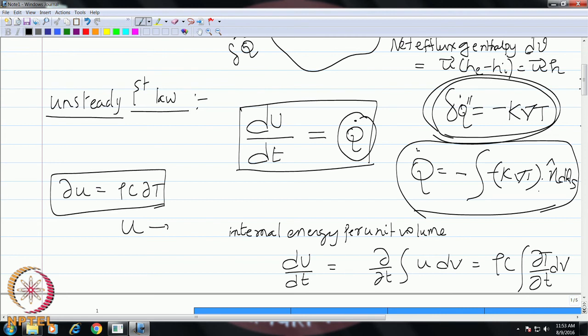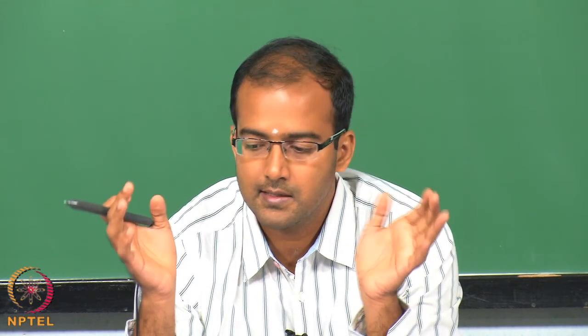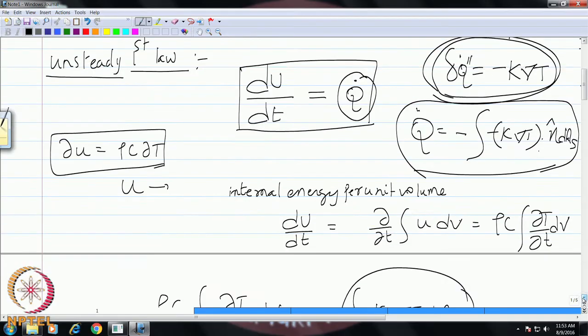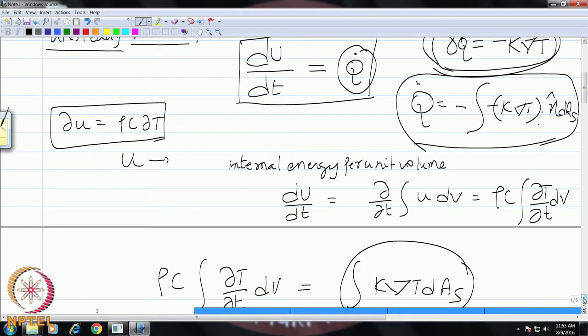Although these were intuitively proposed, Fourier understood that your heat flux has to be related to your temperature gradient definitely, and he introduced this constant called the thermal conductivity. But this entire relationship can also be shown from the kinetic theory or also from the Boltzmann transport equation.